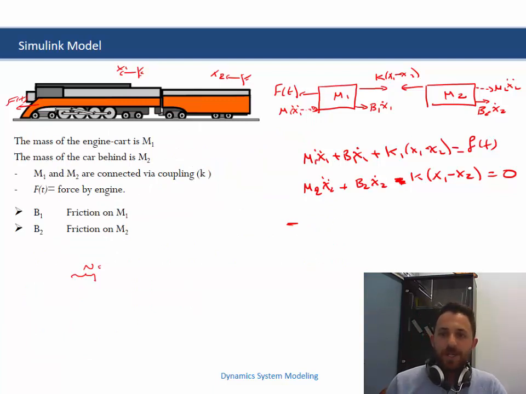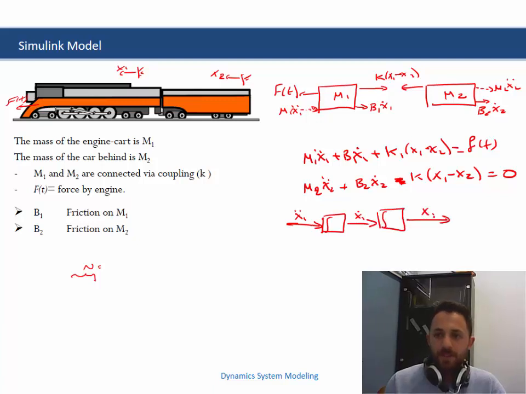In the first equation, we have x1 double dot, x1 dot and x1. Of course, if we integrate x1 double dot, we get x1 dot, and integrating again we get x1. So we have x1 double dot integrated to get x1 dot, integrated to get x1.